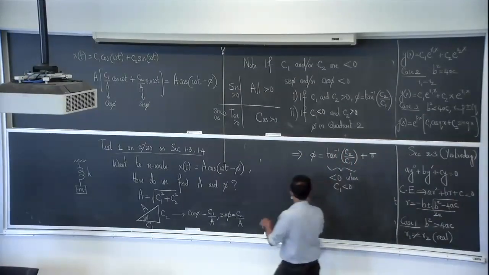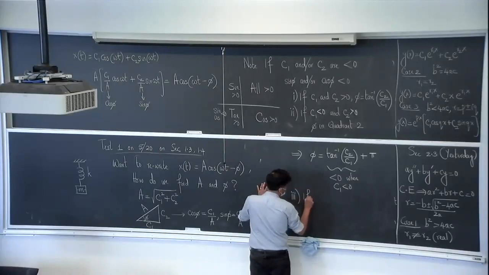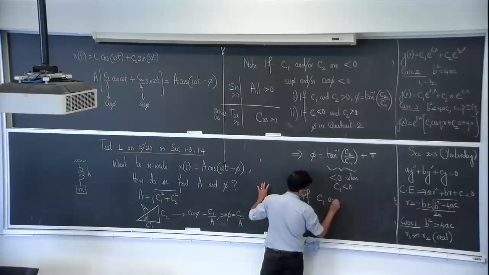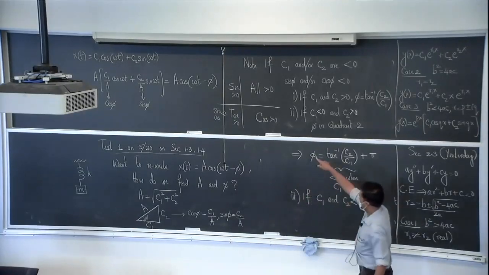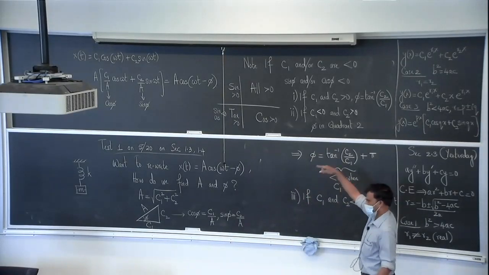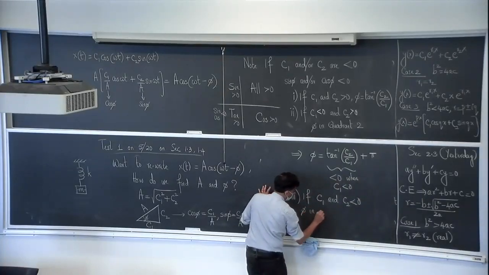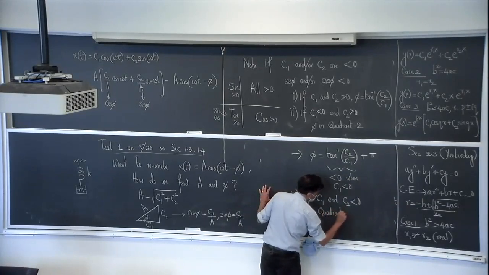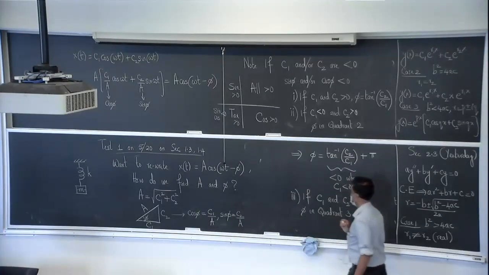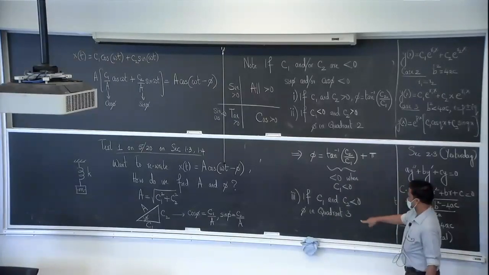Case 3. If C1 and C2 are negative, that is when both sine and cosine are negative, so we are in the third quadrant. The good thing is, if you do the same thing, it's going to work here as well.